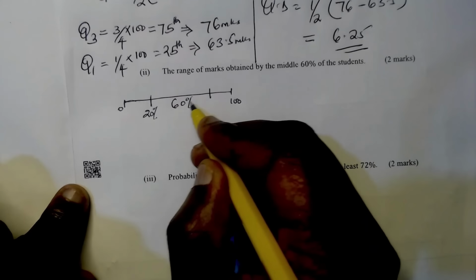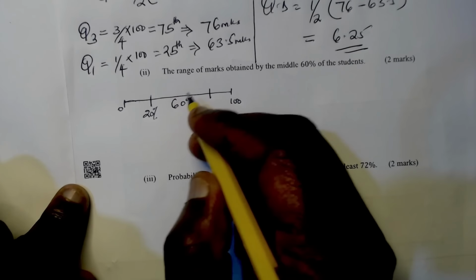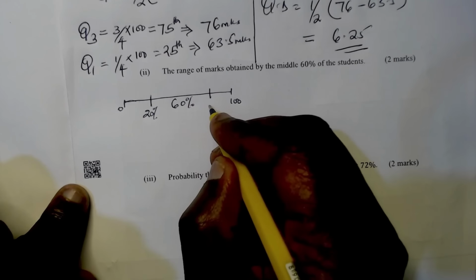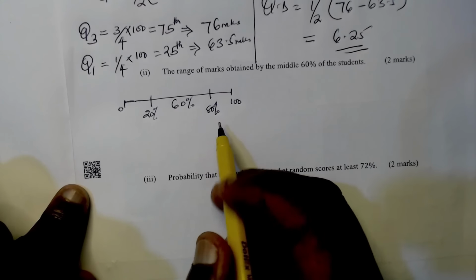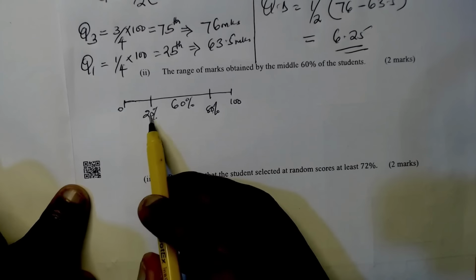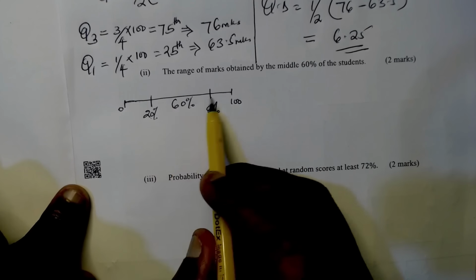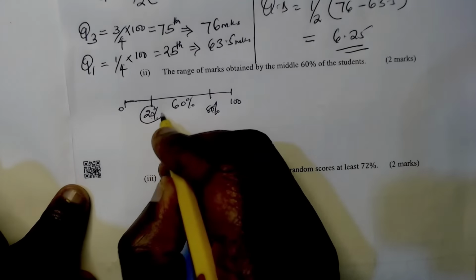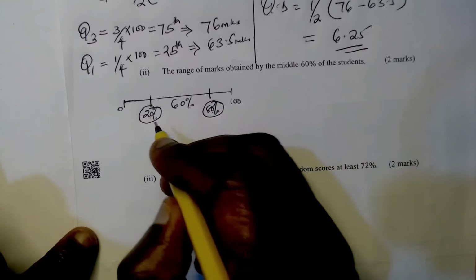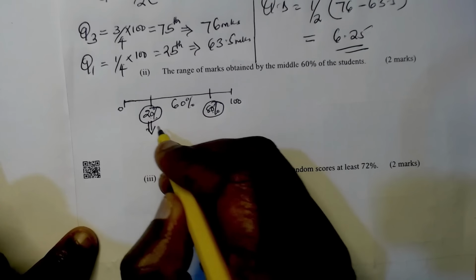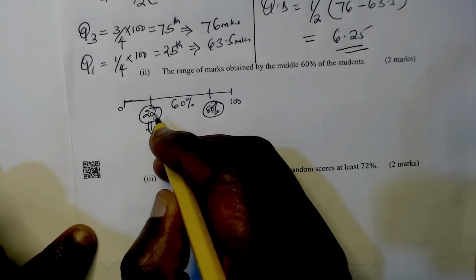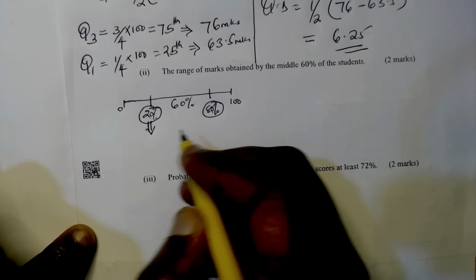So the middle 60% will be found between 20 and 80%. So you can see when you get the difference, 80 subtract 20, that is when you get 60%. So we need now to identify the marks scored by the 20th student, because you just get 20% of 100.